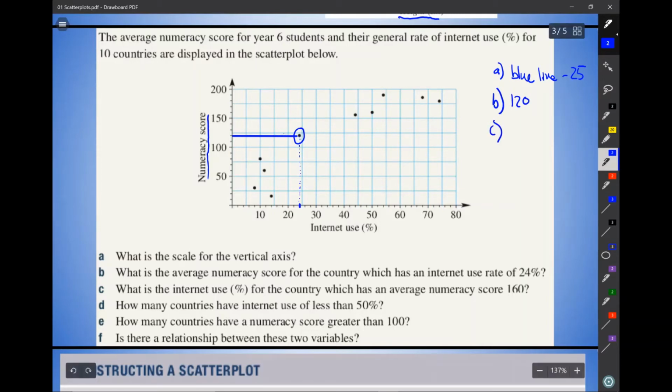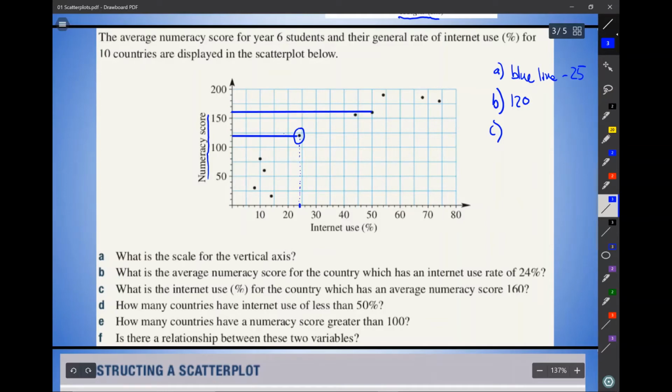Okay, we'll try again for part C. What is the internet use for the country which has an average numeracy score of 160? So now we have to find a numeracy score of 160. Now it seems that the dot we're referring to is this one, not this one, because that line isn't straight.